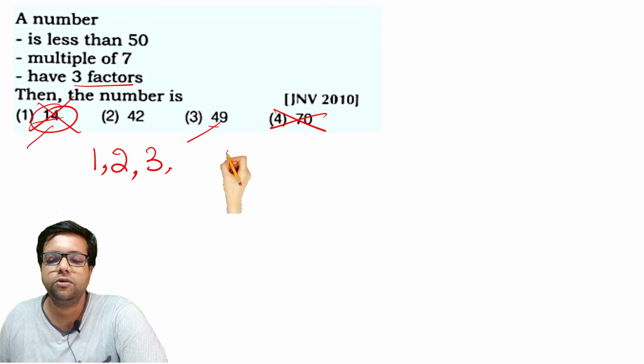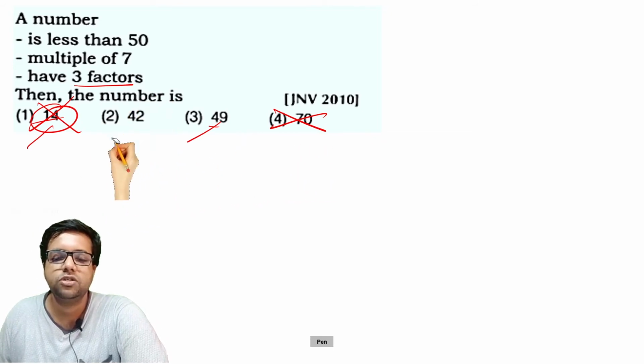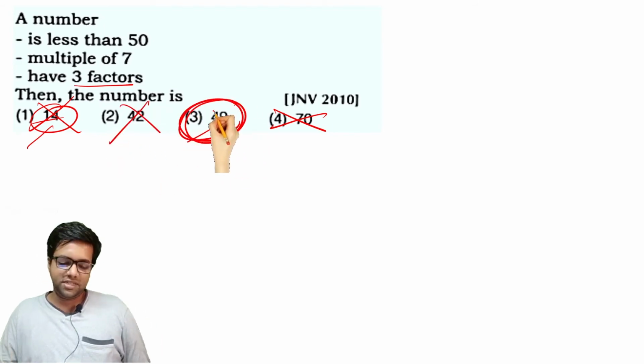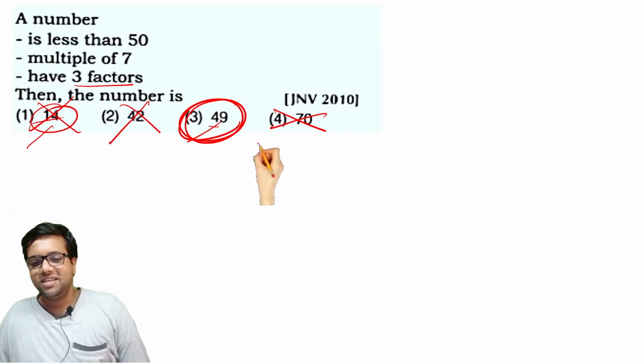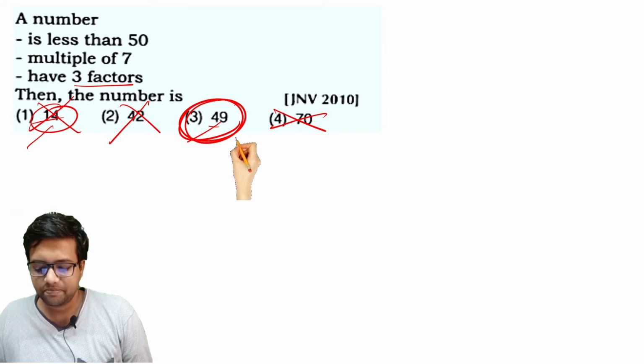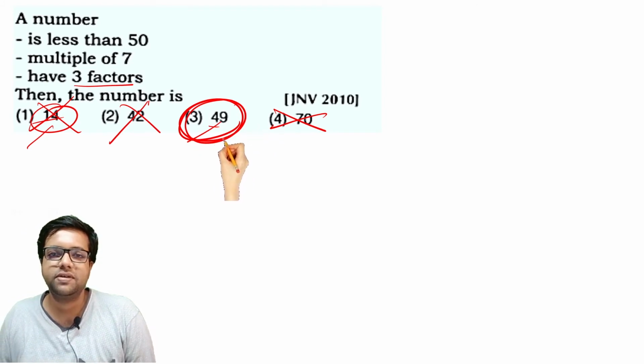So 14, 21, further it goes on. So it also has more than 3 factors. So we eliminate 42 as well. So the only option which is left to be checked is 49. Therefore the answer for this question would be option 3, 49. 49 would be the right answer for this question.